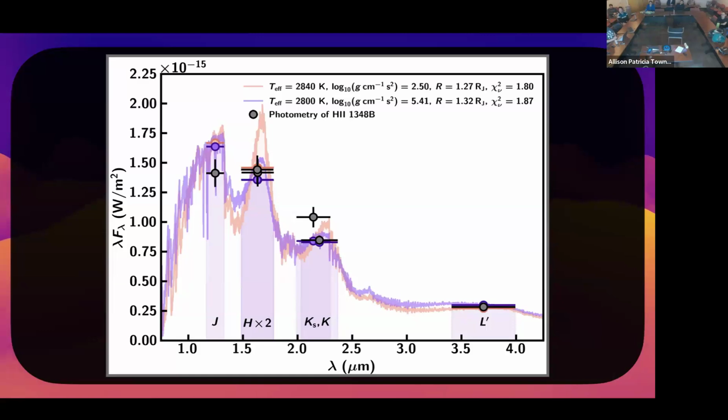And so that's what we're actually directly fitting here, is we're fitting the purple and pink points inferred from the spectrum to the observed photometry. That's why we end up not being sensitive to a lot of these features, because we're fitting integrated brightness that's washing out these peaks and spikes to lead to a non-determination of the surface gravity.